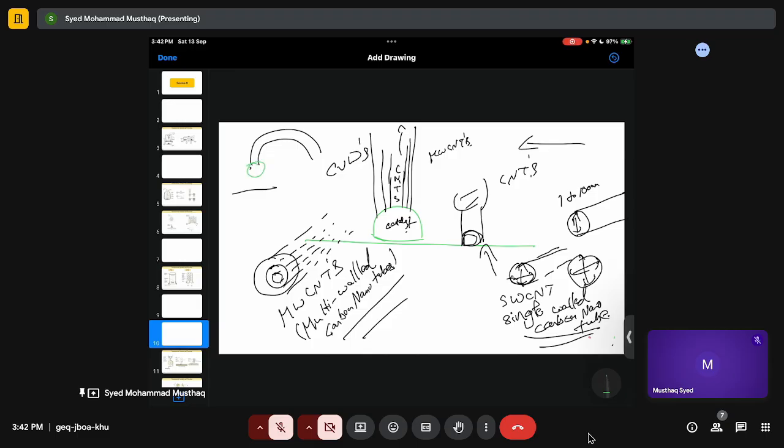So whenever the CNT becomes so large, it can rip out the catalyst from the surface. That is also a case. When that happens, the CNT growth will stop. So that's one way of making CNTs.